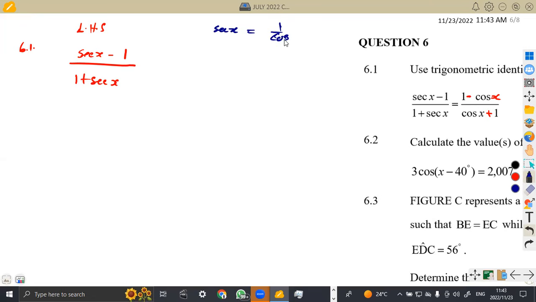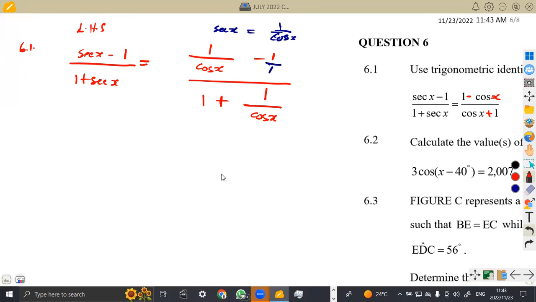So in this case, we were supposed to rewrite. It's going to be 1 over cos x minus 1, everything over 1 plus 1 over cos x, because we are referring to sec x as 1 over cos of x. So what does it mean? We're supposed to add from this part here, because this is the same as over 1.